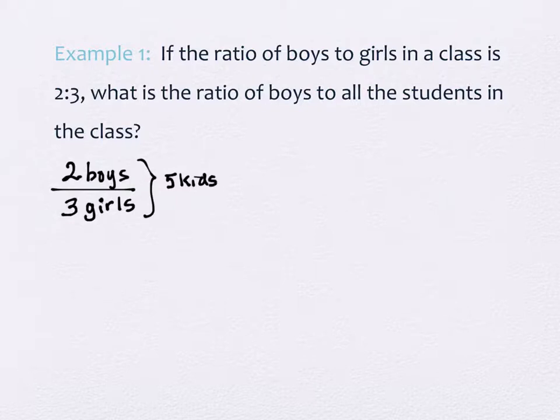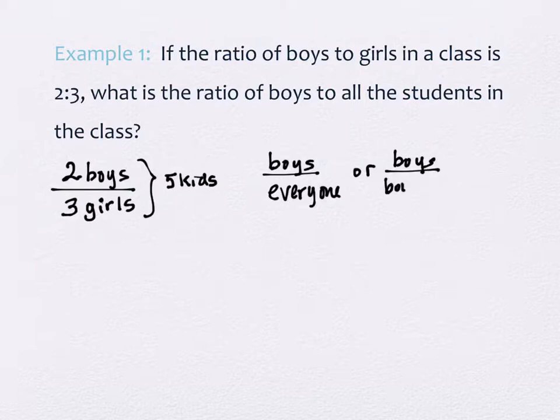So there's 5 kids here, which means that if you want to look at the comparison of boys to everyone, or you could say boys compared to boys and girls, either of those relationships existing, what would the ratio be?